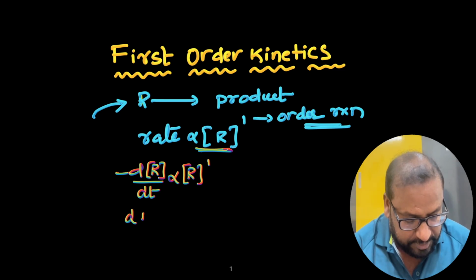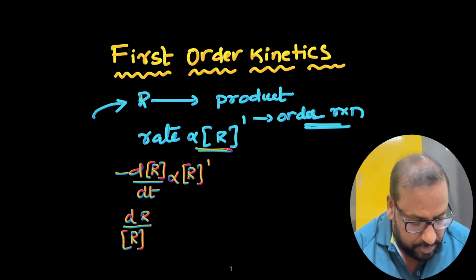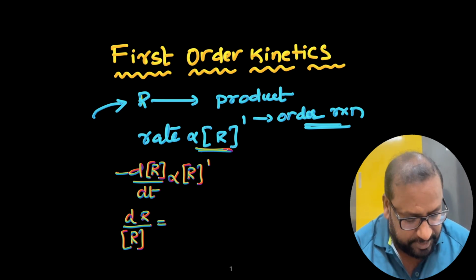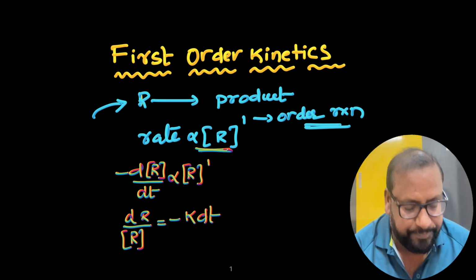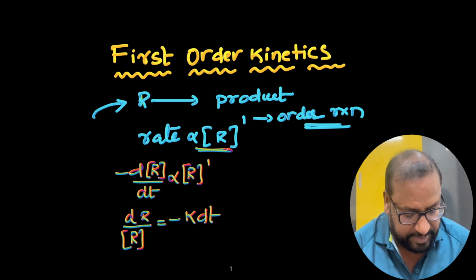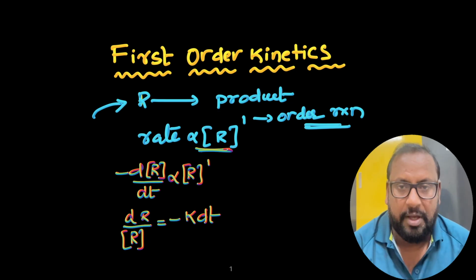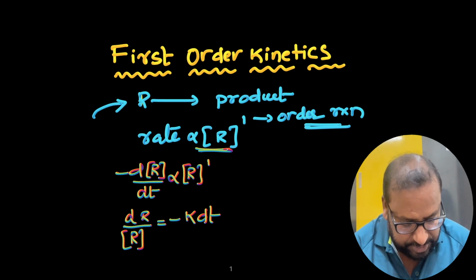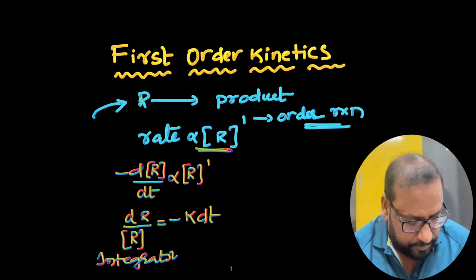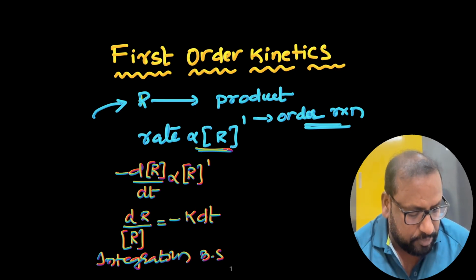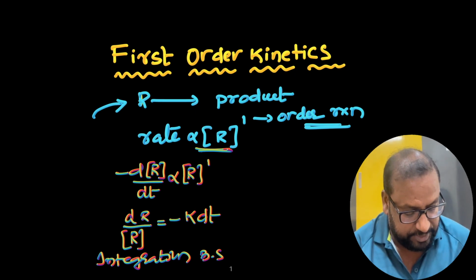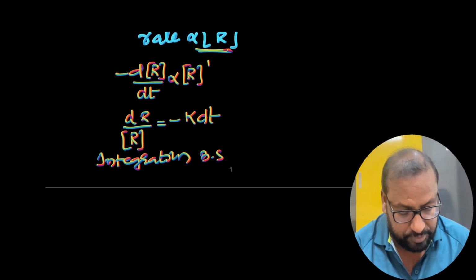So this is going to be dR over R equals, multiplying both sides by negative, minus k, the proportionality constant, dt. So this is the rate with respect to R. Now we'll go for integration on both sides.